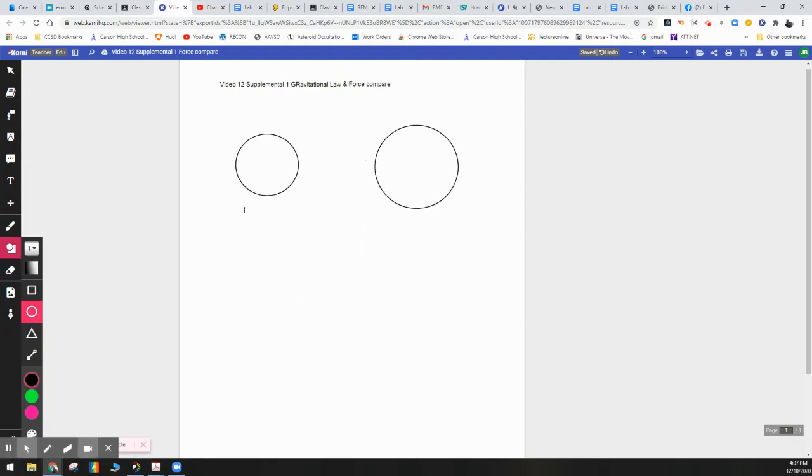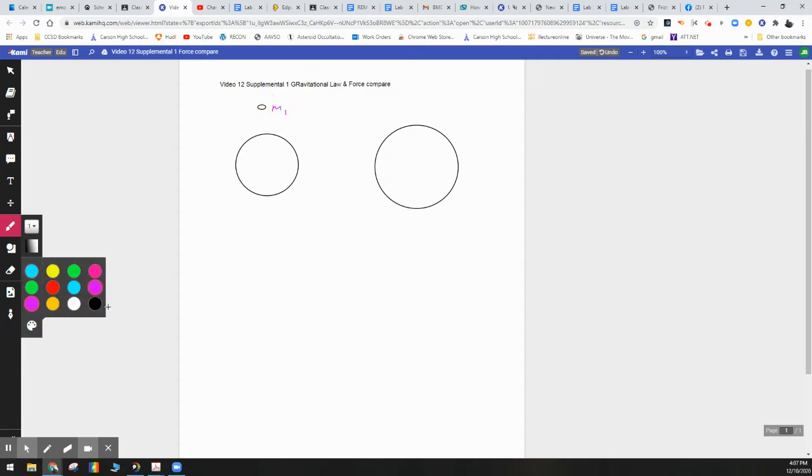So here we have two objects, and we'll call this one mass 1, and this one over here will be mass 2.